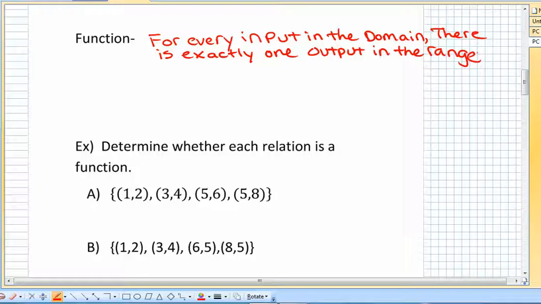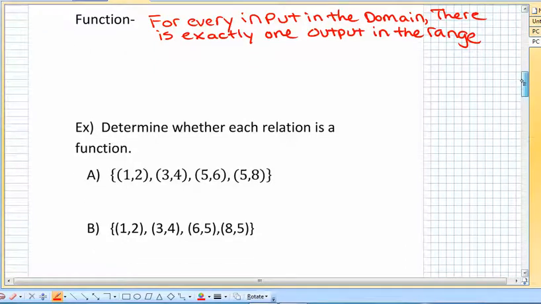So for example, if I want to determine whether any of these relations are functions, one of the easiest ways to do it is to make a diagram.